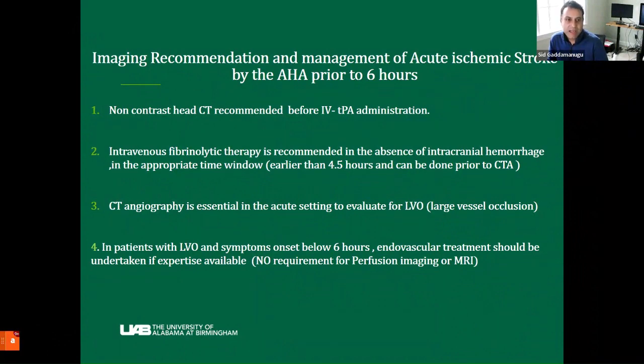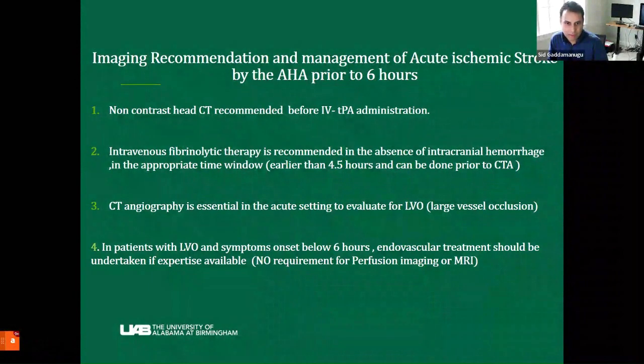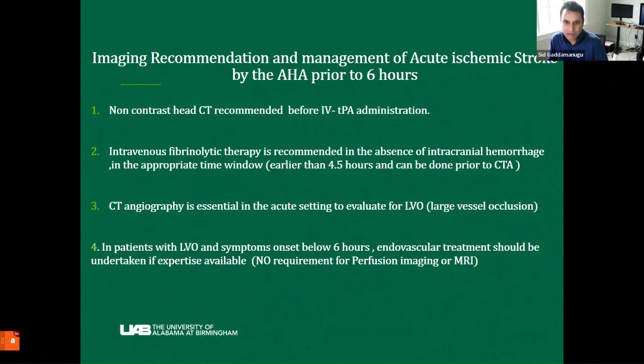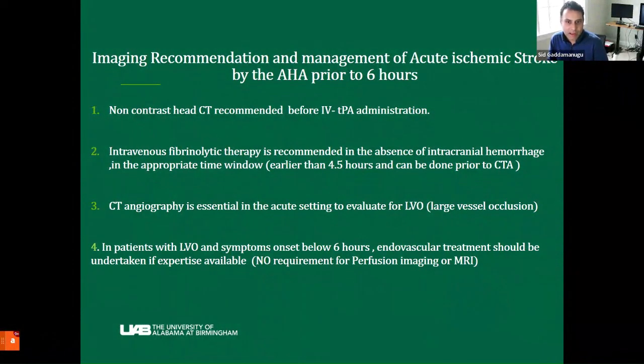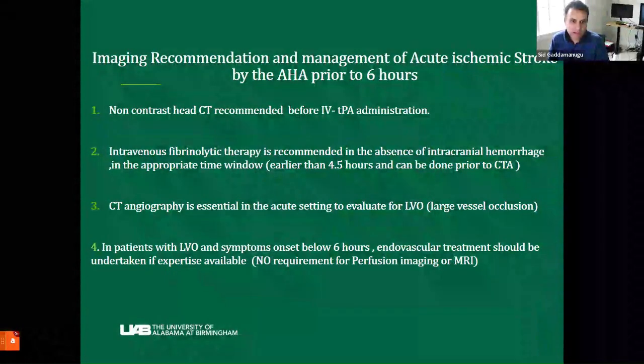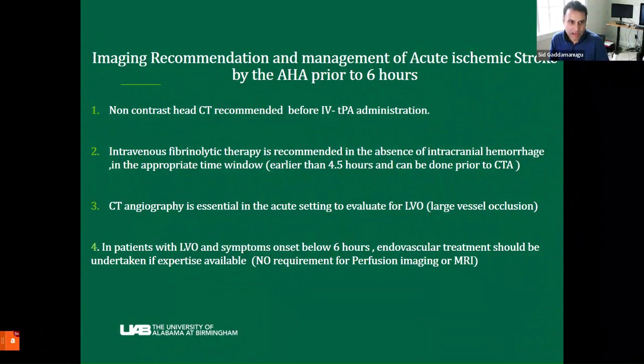Every patient gets a CT angiogram, regardless of symptom scale, to assess for large vessel occlusion. If patients have large vessel occlusion and they present before 6 hours, they undergo endovascular treatment. There is no requirement for perfusion imaging or MRI if they have large vessel occlusion and symptom onset below 6 hours.